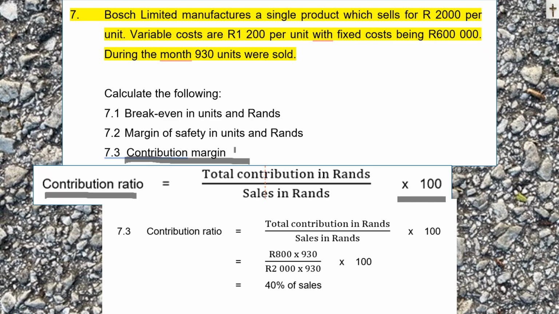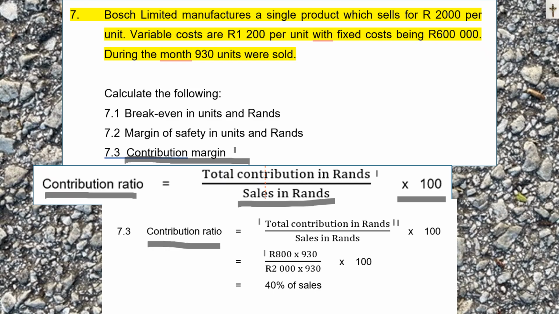So it is the total contribution in rands divided by the sales in rands. In order to calculate the total contribution in rands, we have 800 multiplied by the number of units that were sold.